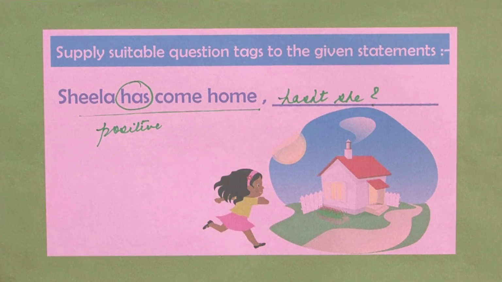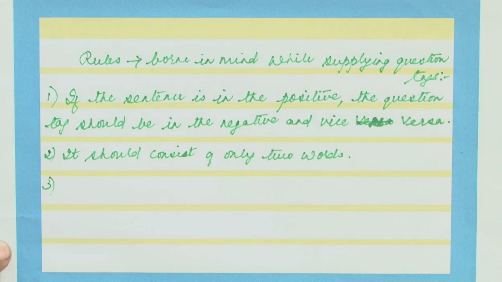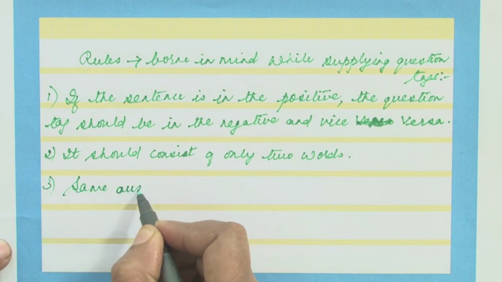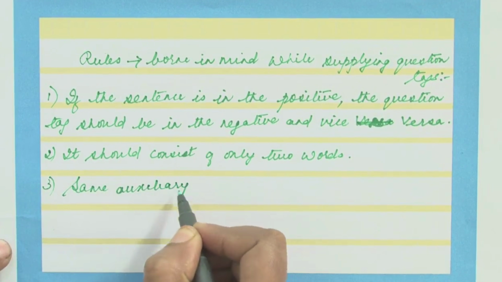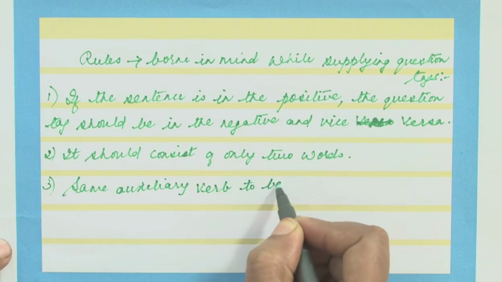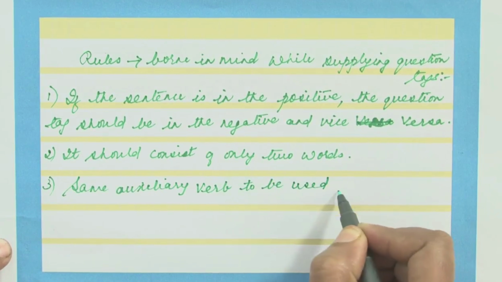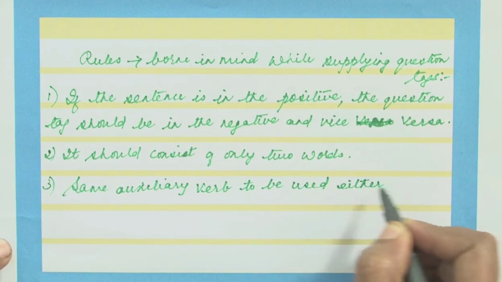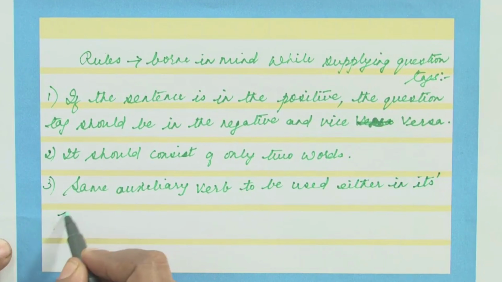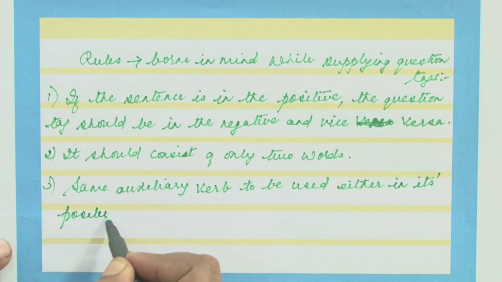Now shall we make a note of the third rule then? Yes. The third rule would be the same auxiliary verb to be used, either in its positive form or in the negative form.